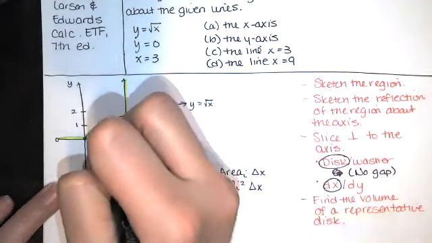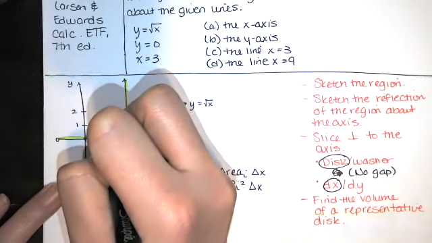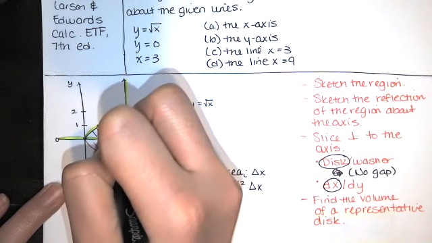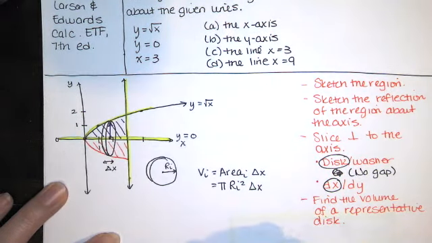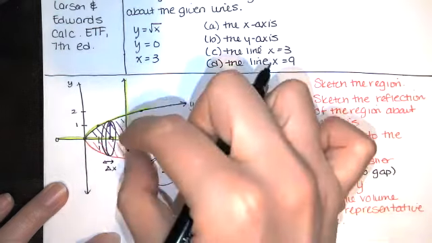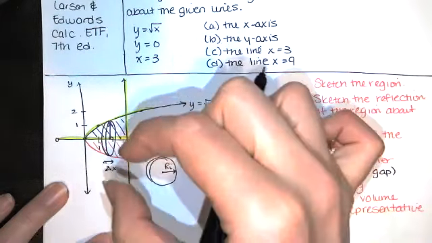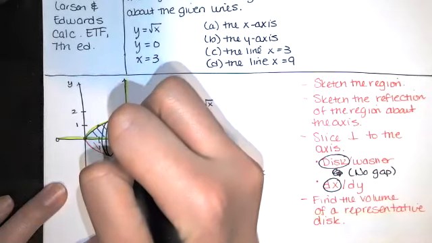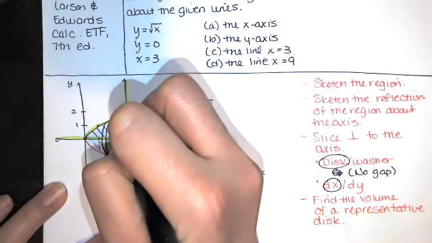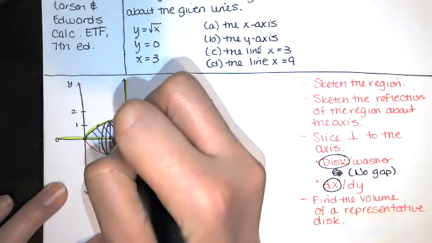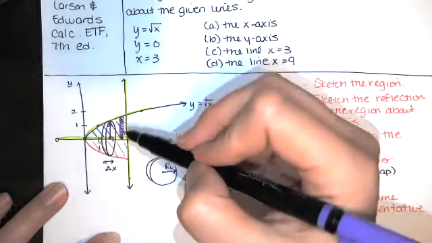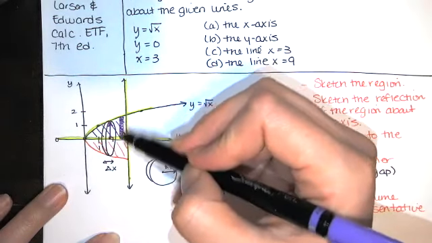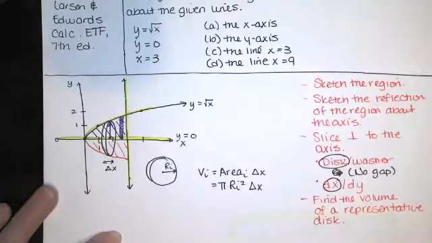Now the radius always starts at the axis and goes to the outermost edge of the disk when we're talking about the disk method. The radius is the same as the height of that vertical rectangle.